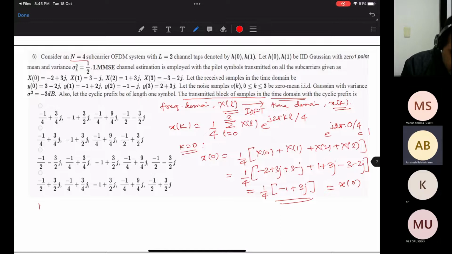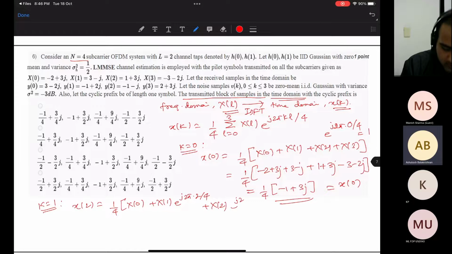Okay, so for k is 2, I'll just write the expression. So x of 2 is 1 by 4 times X0 plus X1 e to the power j 2 pi 2 by 4 plus X2 e to the power j 2 pi 4 by 4 plus X3 e to the power j 2 pi 6 by 4.